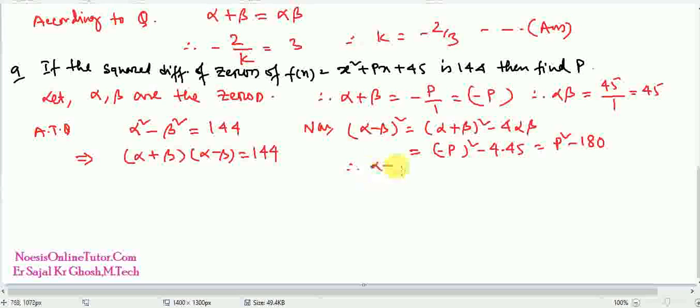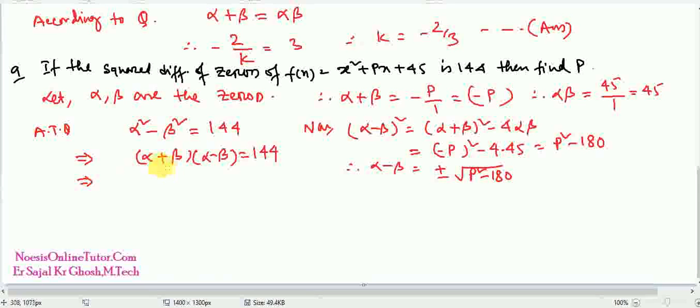Then alpha minus beta equal to plus minus root over p square minus 180. So I could write this directly as alpha plus beta, alpha minus beta.